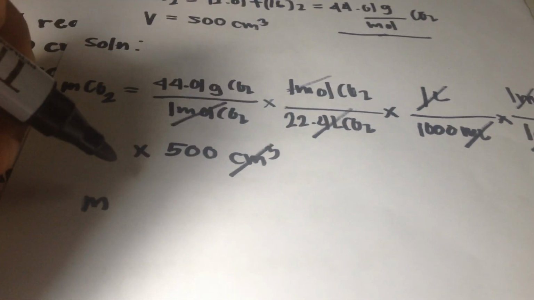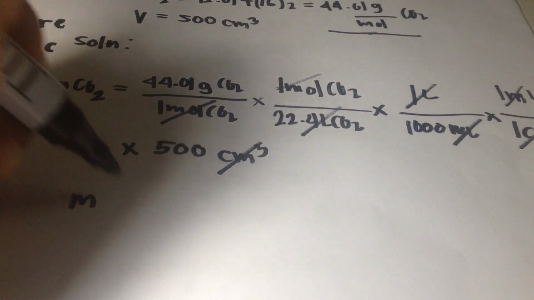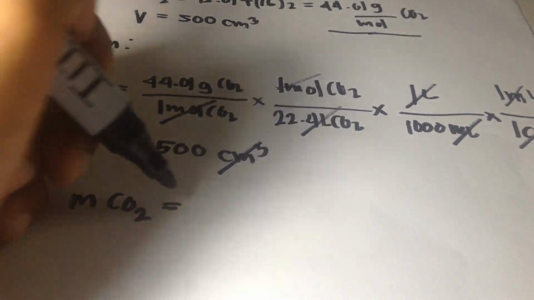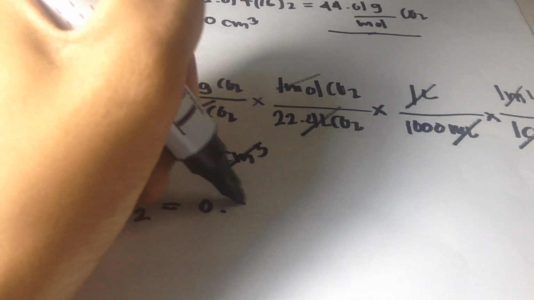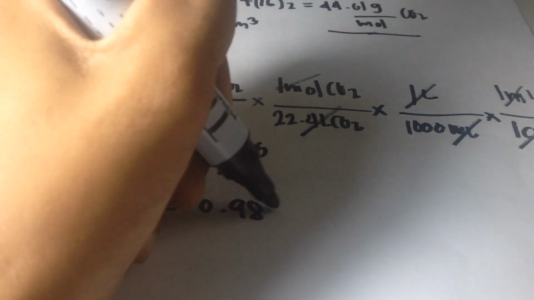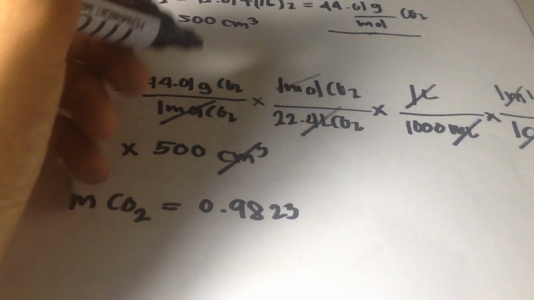So the mass of carbon dioxide is equal to 0.9823 grams of carbon dioxide.